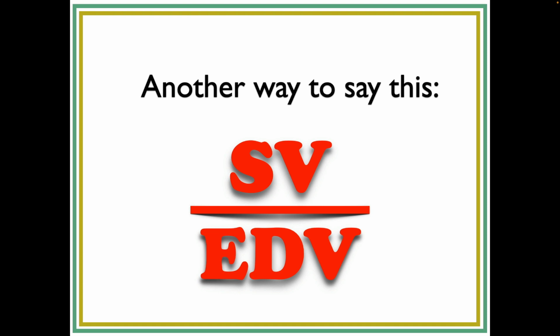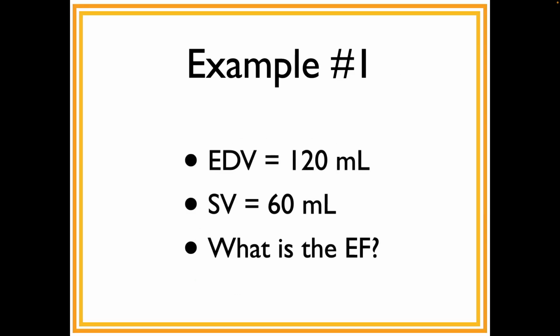Okay? Let's give an example, because then it always makes much more sense. Andrew, our end diastolic volume, and what's the other name for end diastolic volume? Preload. Is 120 milliliters, which is not a crazy amount for an adult male. The stroke volume in this case is 60 milliliters.